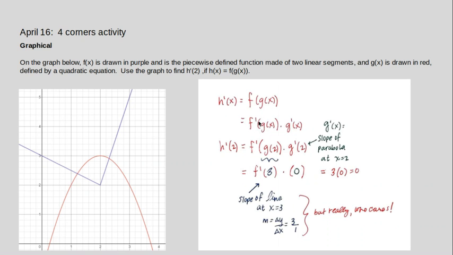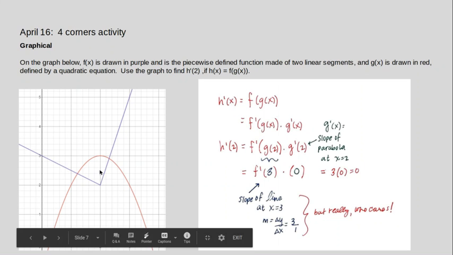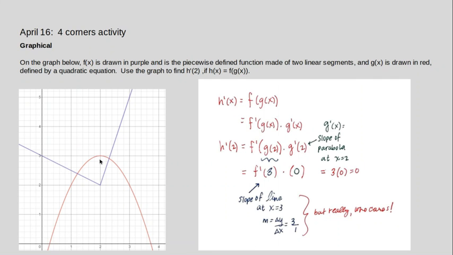H prime is f prime of g of x times the derivative of the inside stuff, which would be g prime of x. So then this is kind of where it gets fun but hard, confusing but easy. So first of all, g of 2, remember that g of x is red, g of 2 is going to be 3. So go to 2 and find the function output, it would be 3.